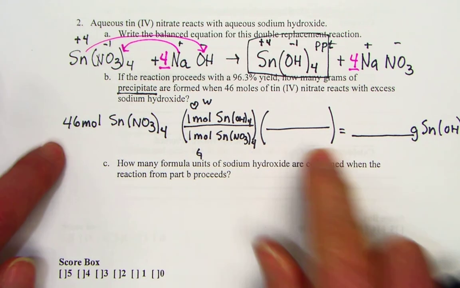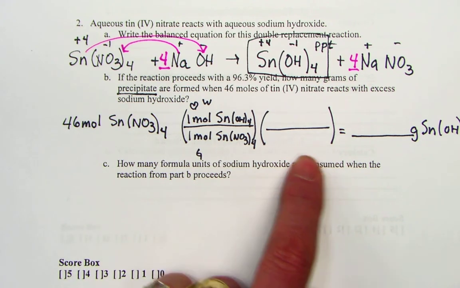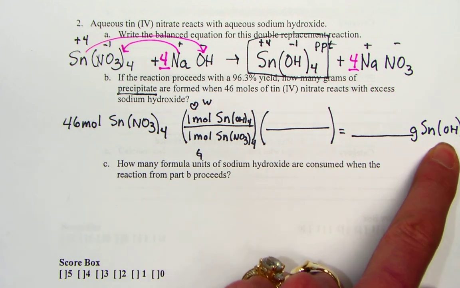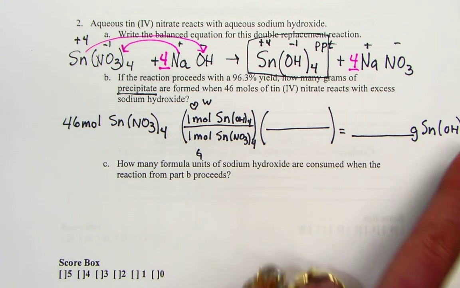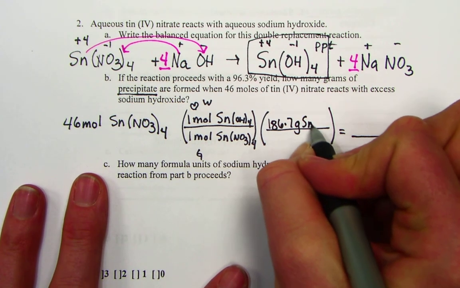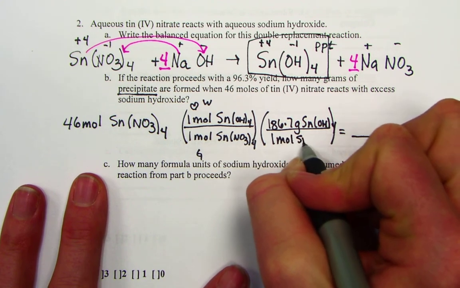We will need the molar mass of our precipitate tin 4 hydroxide. Let me calculate that. Tin, who has an atomic weight 118.7. There are 4 oxygens at 16 apiece, 16 times 4, plus 4 more on the hydrogen. 186.7 grams is the molar mass in every 1 mole of tin 4 hydroxide.